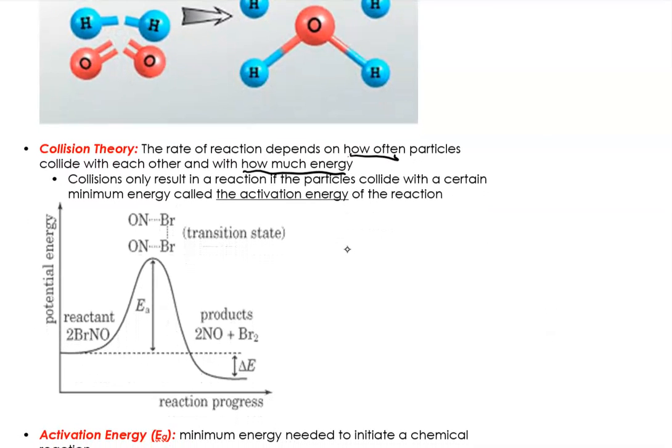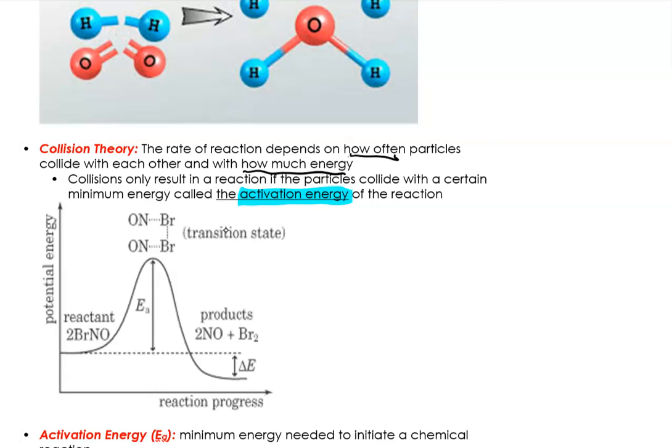Collisions only result in a reaction if the particles collide with a certain minimum energy, and this is called the activation energy. This is what we learned about in the last unit. The activation energy needs to be overcome in order to have an actual reaction occur. This graph is similar to our potential energy diagrams that we studied last unit.